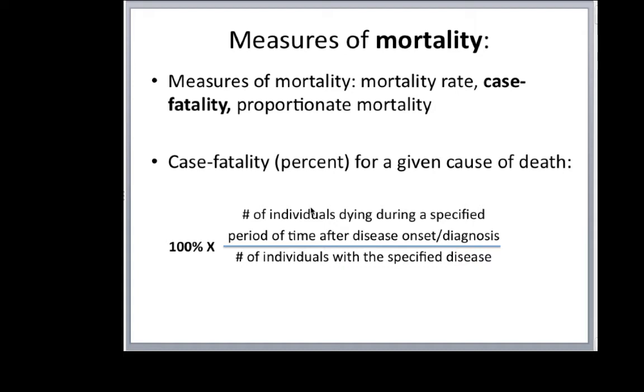If I ask you to calculate case fatality and I don't specify per 100,000 people or whatever, calculate it as a percent: the number of people dying of a particular disease divided by the total number of people with the disease, multiplied by 100%.